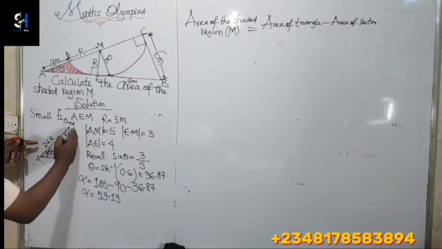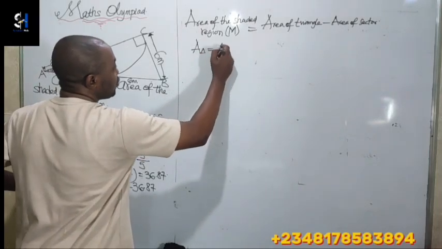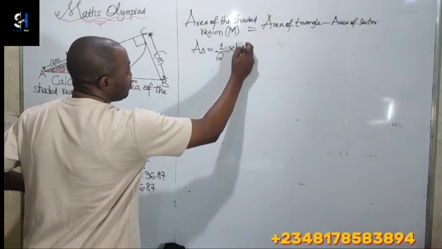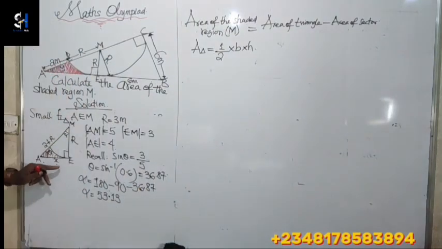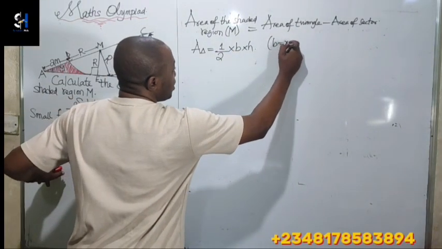So let's get the area of the triangle. The area of a triangle is 1/2 times base times height. The base of the triangle is X.